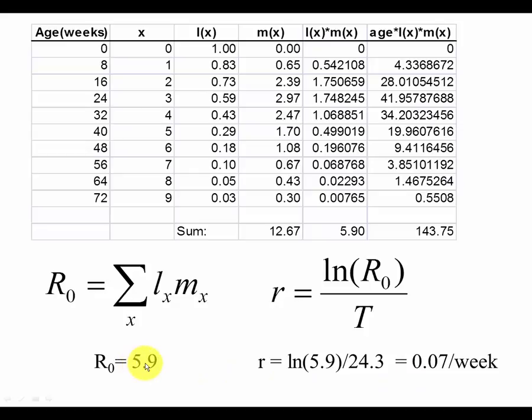One thing you might want to think about in light of that is there's a cutoff value here. When r is equal to 0, a population is neither growing nor shrinking. If r is positive, the population is growing. If it's negative, the population is shrinking. You might want to think about what the values are where the behavior changes, where you go from a growing population to a population that's staying the same size to a population that's shrinking, in terms of r sub 0.